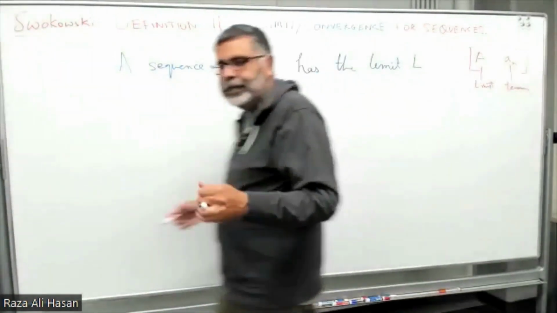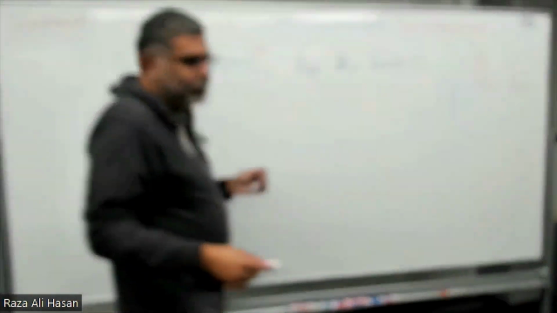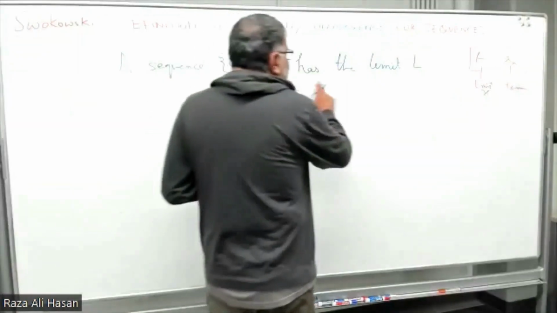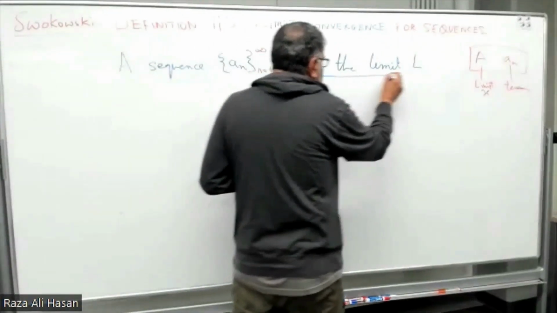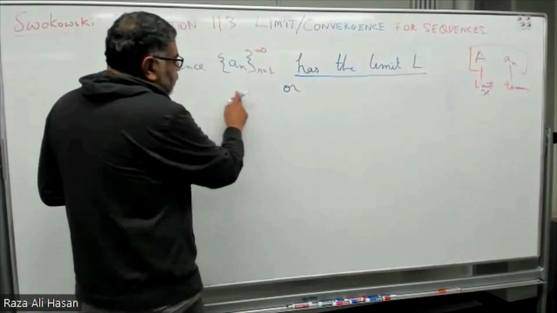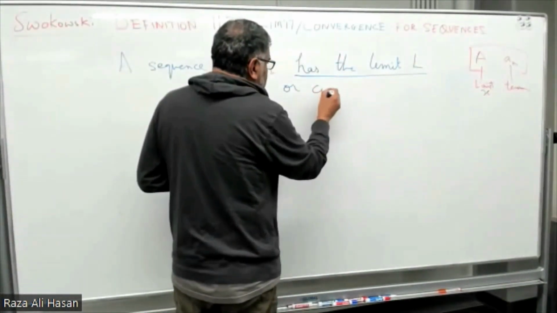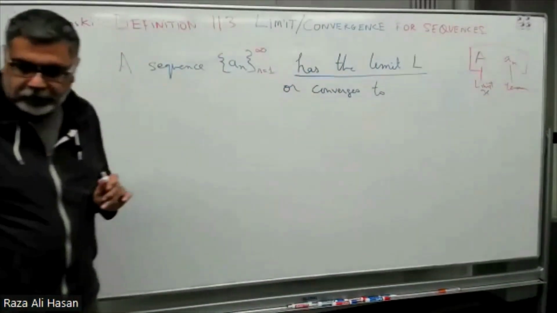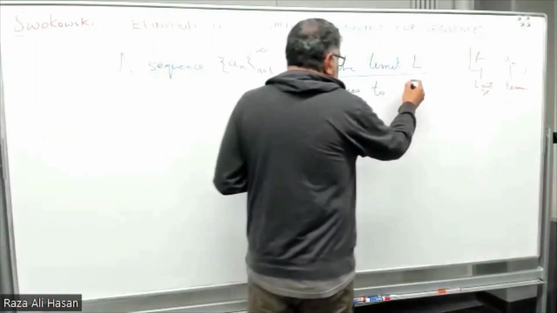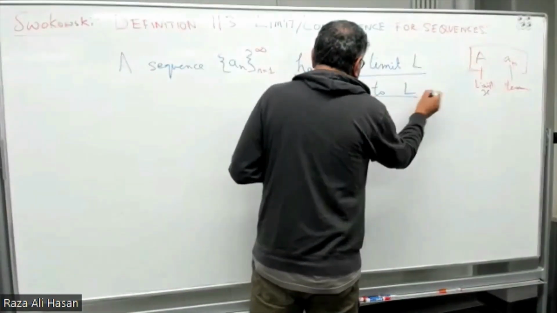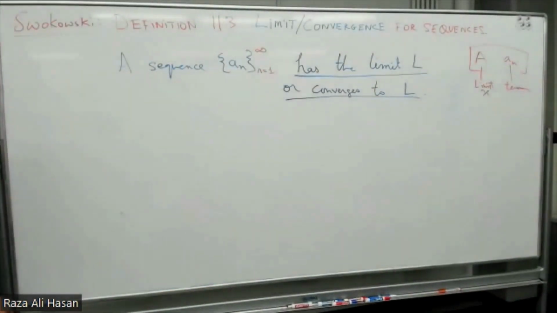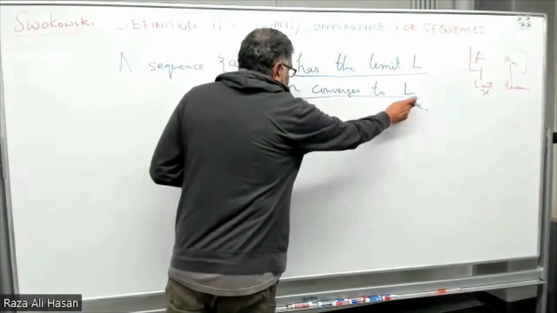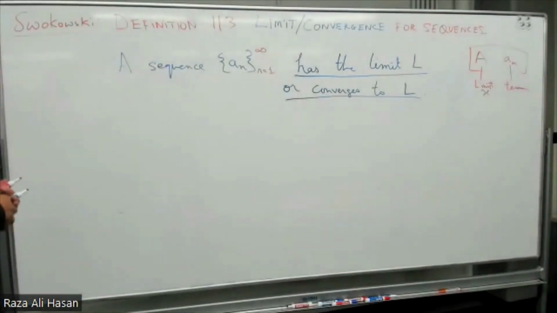In Bartle and Sherbert, they just use X. The sequence has the limit L, which is the same as the sequence converges to L. So if somebody says a sequence has a limit, what he's saying is that the sequence converges to this number L.